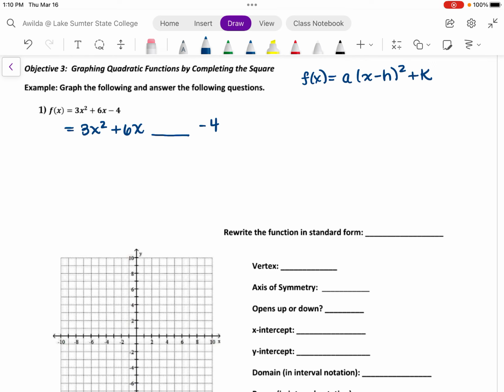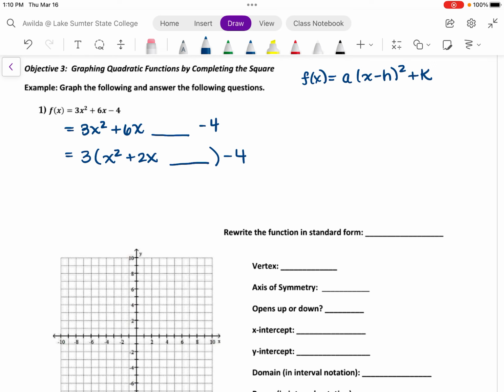Next, I'm going to factor a 3 from those first two terms. So I'm going to write this as 3 times x squared plus 2x, and again, I'm going to leave a blank here, and I'm going to keep pushing that negative 4 off to the side.